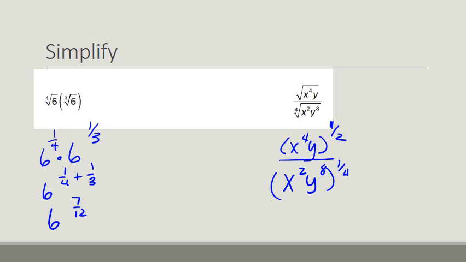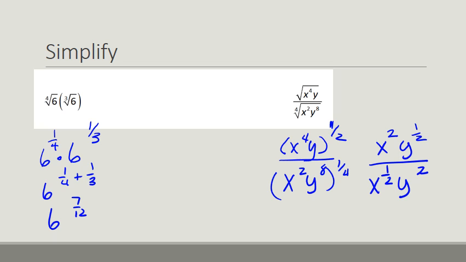So I'm going to get y. 4 times 1/2 is 2, and then y to the 1/2. Okay, if I bring in the 1/4, 2 times 1/4, sorry, that should have been an x. 2 times 1/4 is 1/2, so x to the 1/2, and then y squared.